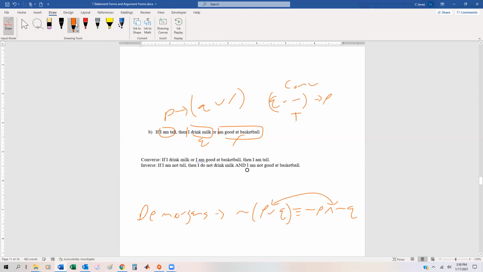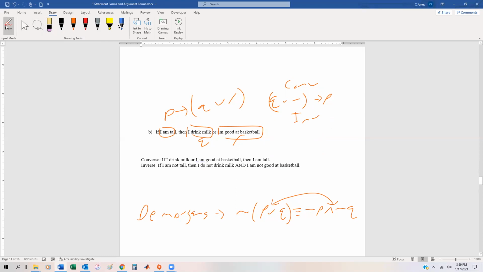So the inverse would be not P implies not (Q or R), and this statement is logically equivalent to not Q and not R. So be really careful with that. If for some reason you're asked to write the contrapositive or the inverse, make sure that you change any ors and ands respectively.